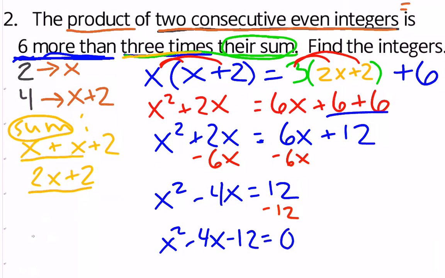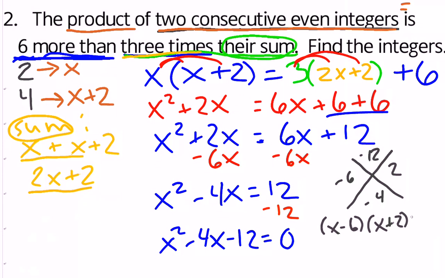And then I have to factor. How does this factor? Well, it's going to be the x, what multiplies to negative 12, adds to negative 4. That's going to give me negative 6, positive 2. So x minus 6 times x plus 2 equals 0. And now I need to set my two factors equal to 0.